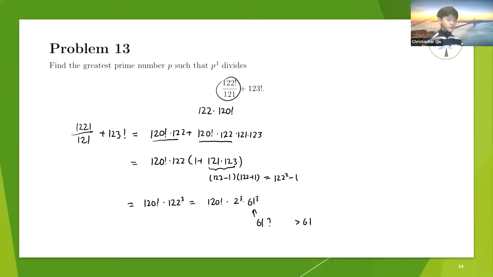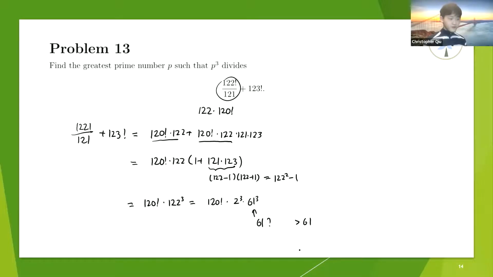And the reason we do this is to take advantage of the difference of squares, because we know that x minus y times x plus y is equal to x squared minus y squared. And in this case, we would have 122 squared minus 1 squared, which gives 122 squared minus 1. And we see that this gives a super nice factorization of our number.